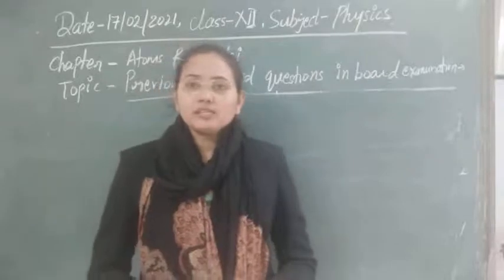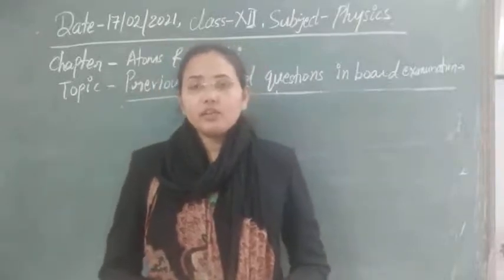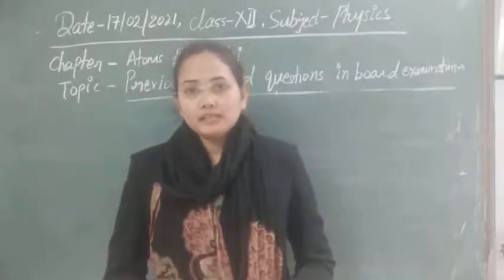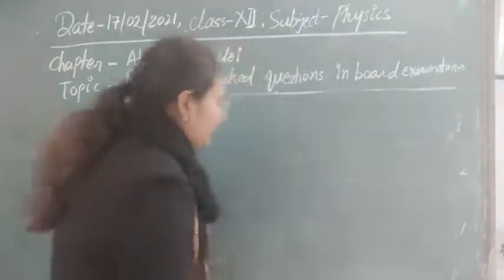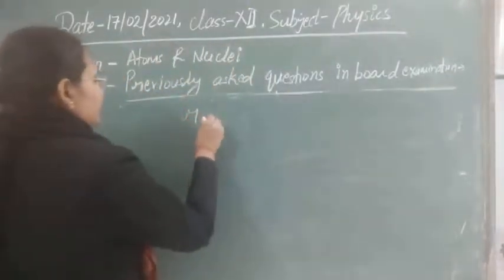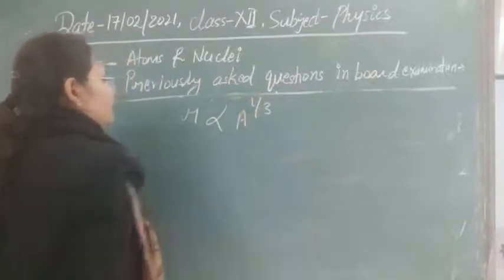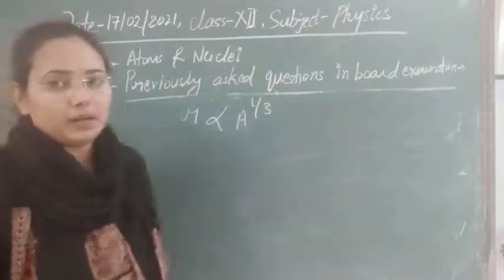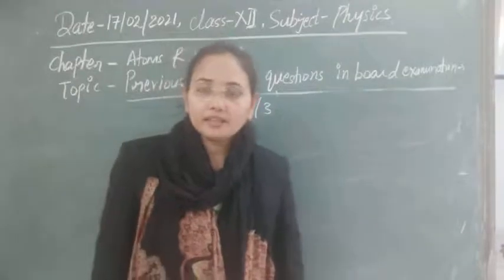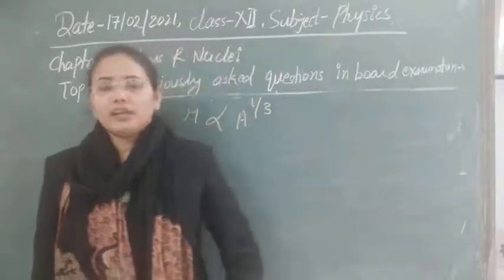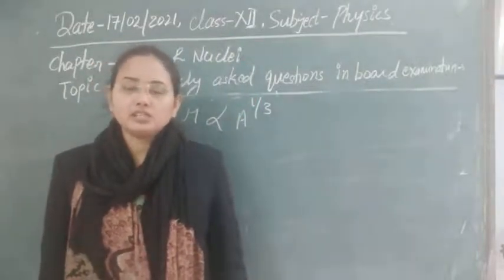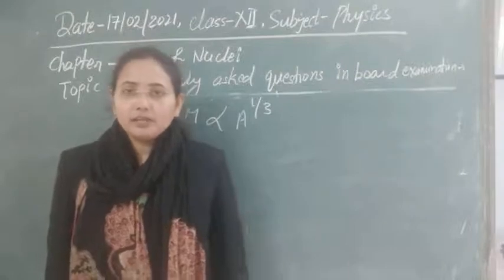If the nucleus is spherical, then definitely it will have some radius. It is seen that the radius of the nucleus is directly proportional to the 1/3 power of the atomic mass. So atomic mass will play a very important role while we study the nuclear properties.